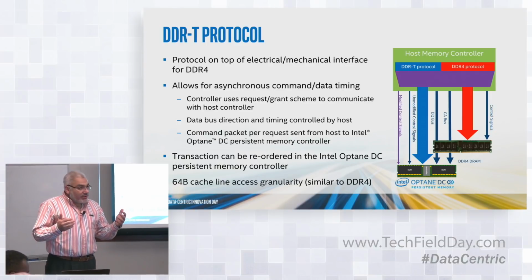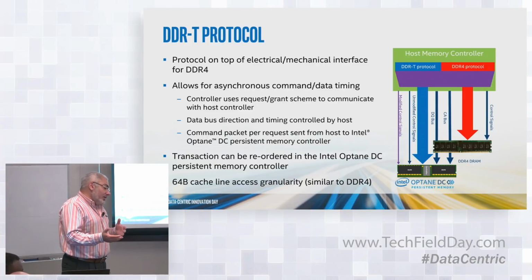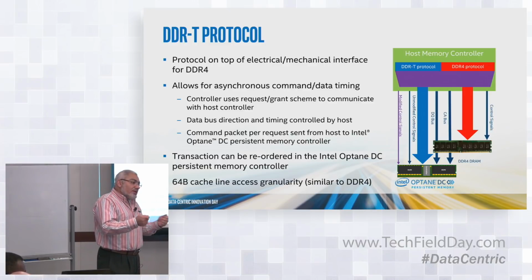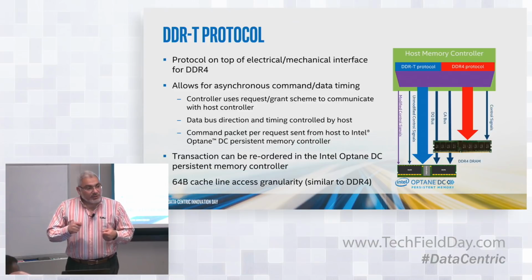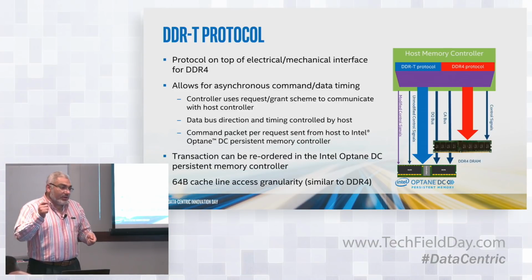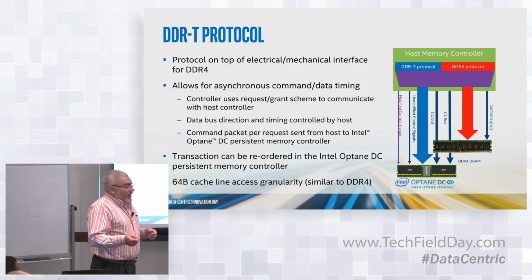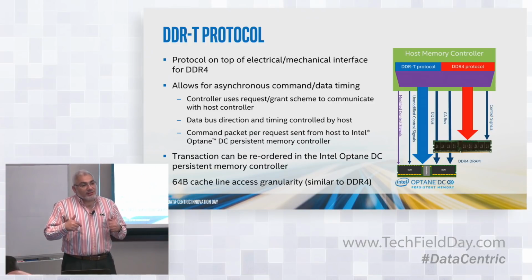It can share DDR4 traffic on the same bus, and it communicates with the host, the CPU, via what we call a request grant scheme. If the CPU needs some data from the Optane DCPMM, it will tell it, can you get me this data? The Optane DCPMM will go retrieve it, and when it's about to be ready, it will send a request command to the host, telling it, hey, I have your data almost ready.